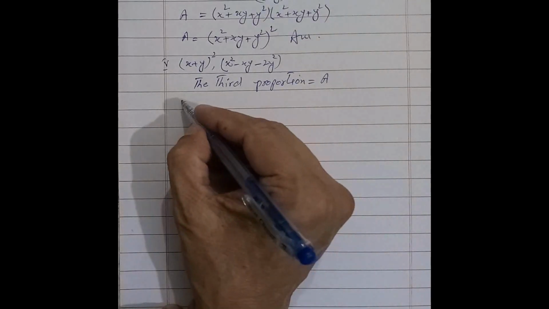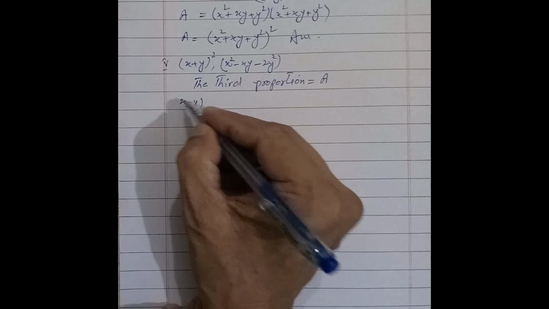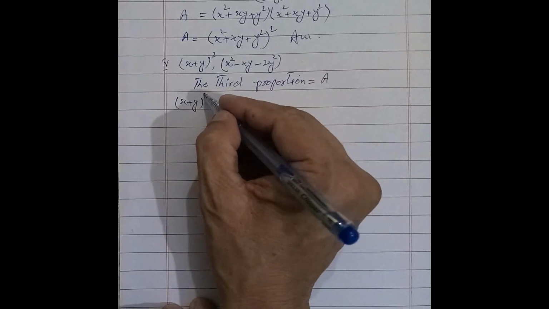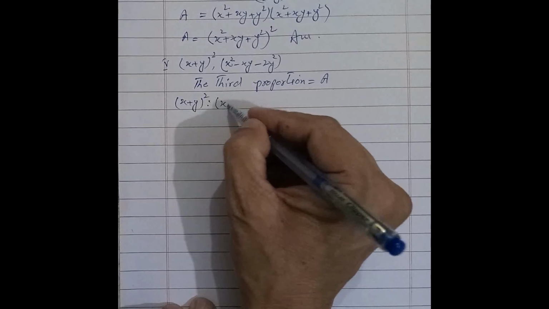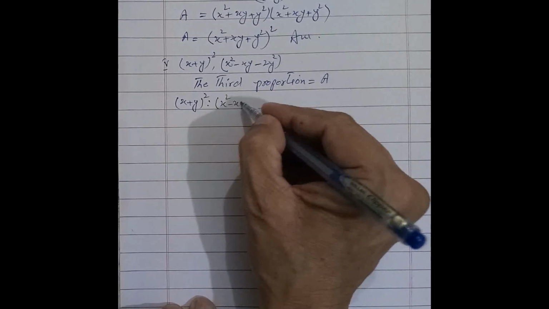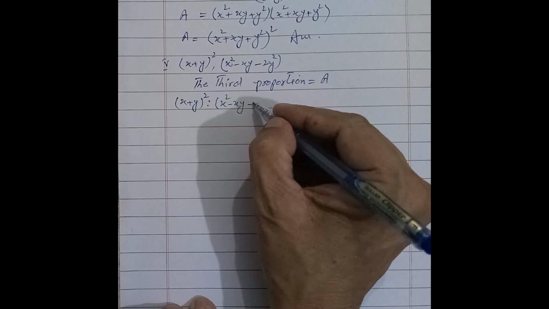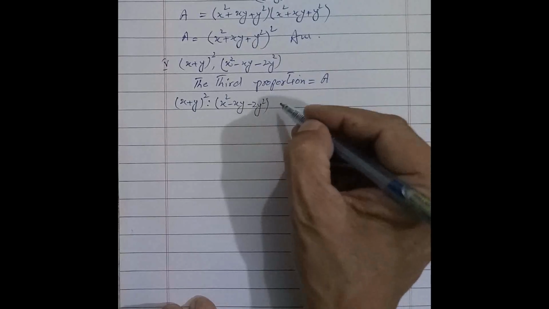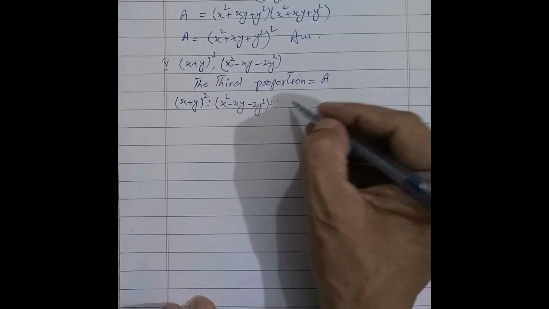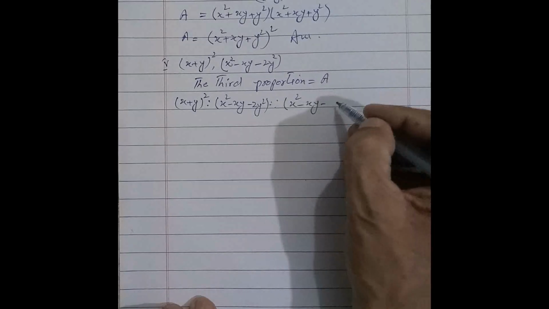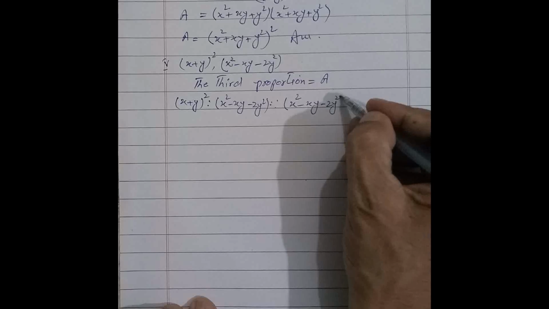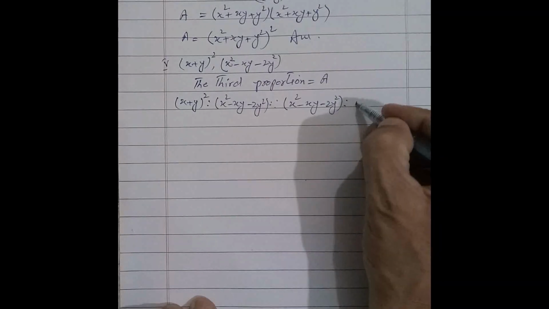We write it: (x plus y) whole square ratio (x^2 minus xy minus 2y^2) whole square proportion (x^2 minus xy minus 2y^2) whole square ratio a.